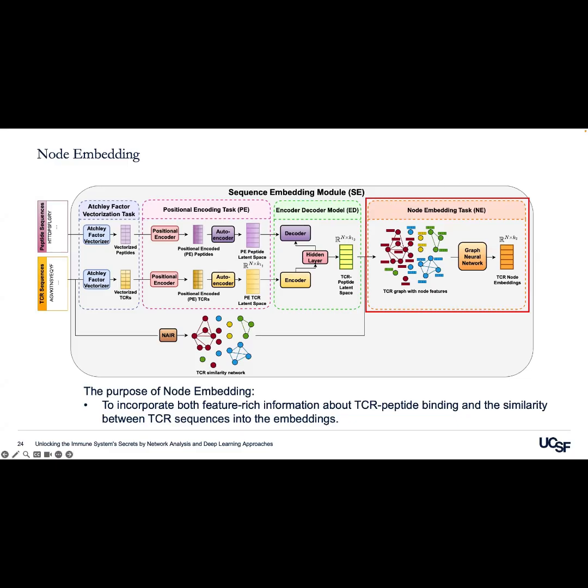For each of those nodes, we incorporate information from the embedding of this encoder decoder. This little vector is a numerical vector coming from the latent space, from the encoder decoder output.